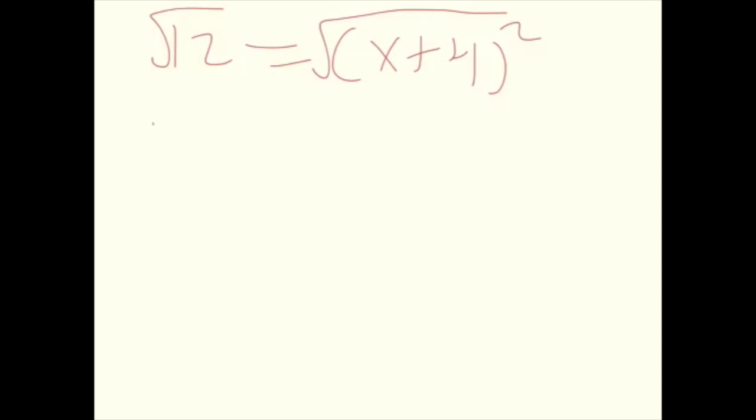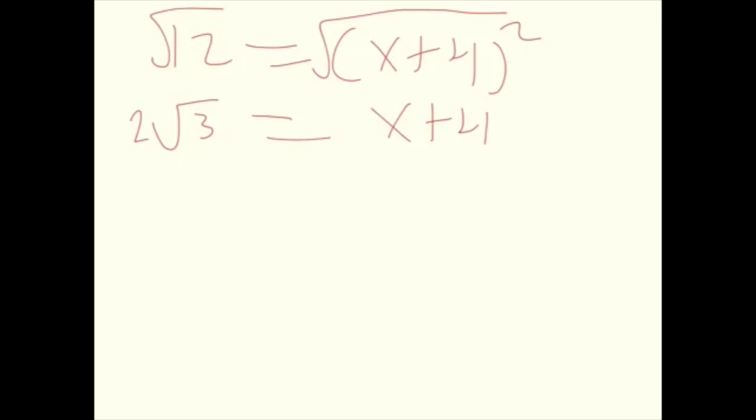Okay, so we left off with 12 equals x plus 4 squared. Next, you take the square root of both of these terms. So you get root 12, which is 2 root 3, equals x plus 4.